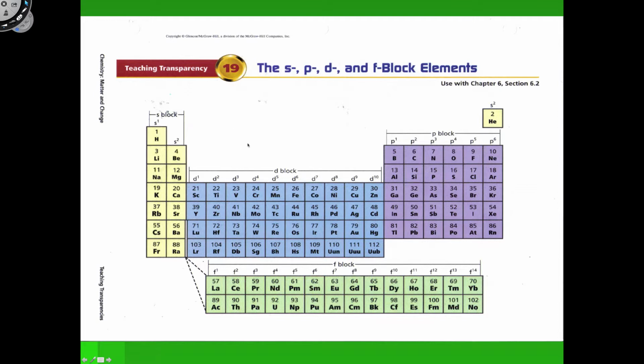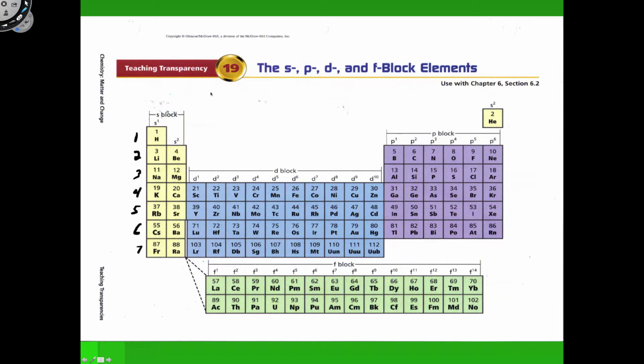So let's say that we were trying to predict the ending of an electron configuration. Well, it's very easy. You have your different periods, period 1, 2, 3, 4, 5, 6, and 7.